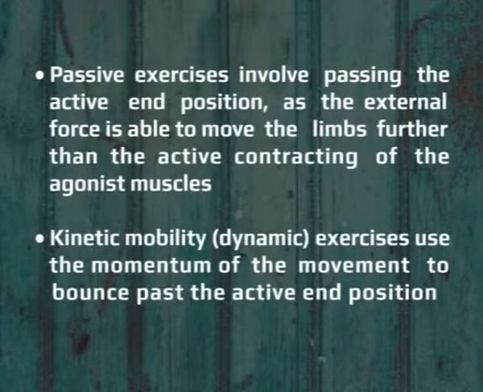Passive exercises involve passing the active end position, as the external force is able to move the limb farther than the active contracting of the agonist muscles. Kinetic mobility, that is dynamic exercises, use the momentum of the movement to bounce past the active end position.